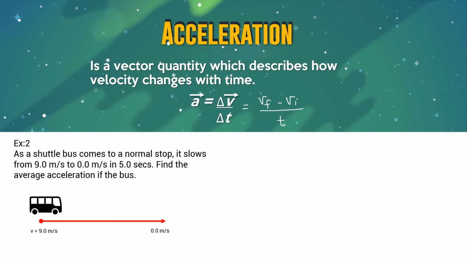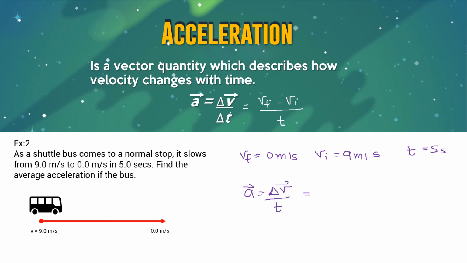So let's try to answer. Let's find out first our givens as described a while ago. Our final velocity is 0 meters per second and our initial velocity is 9 meters per second. And this all happened within 5 seconds. Let's write down our formula. Acceleration is equal to the change in velocity over time.